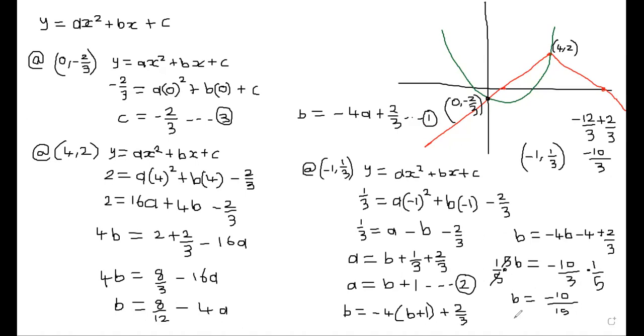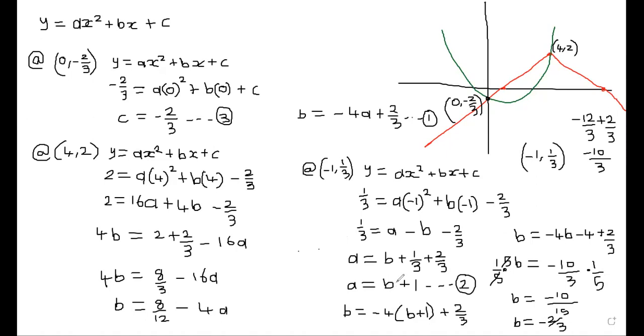Okay, this means that the value of b is negative 2 over 3. Okay, that is the value of b. All right. Now, we know the value of b. So now we know the exact value of b.